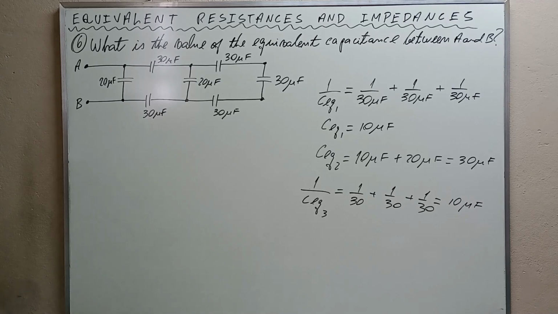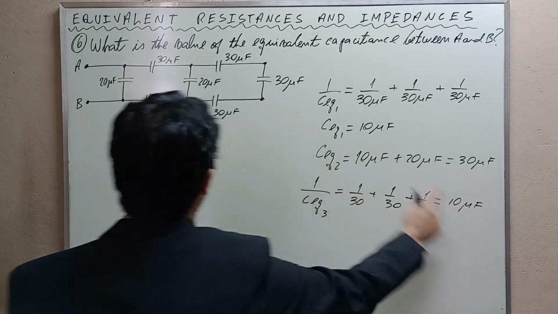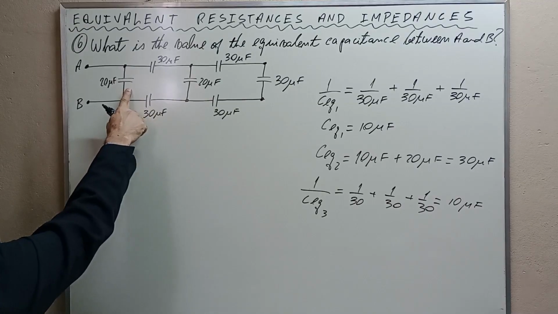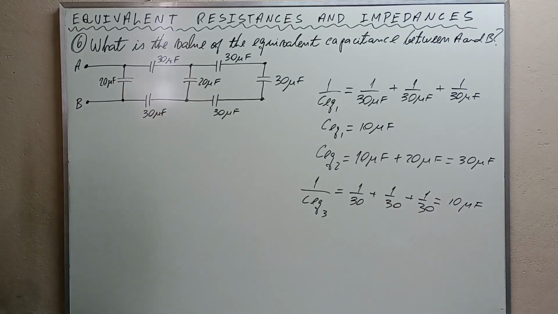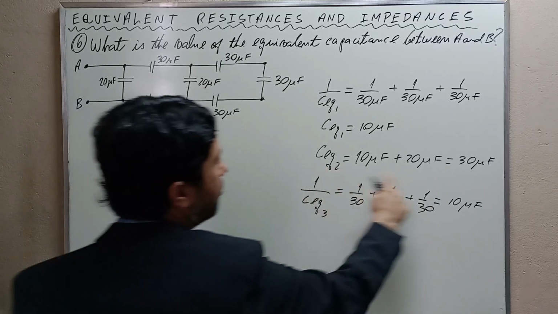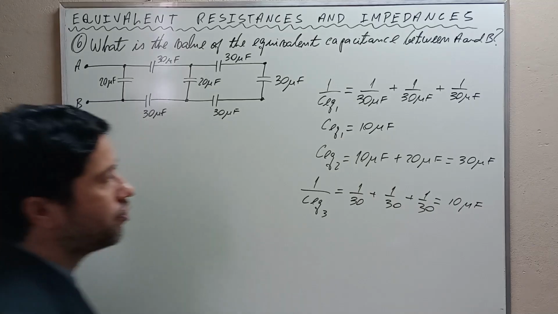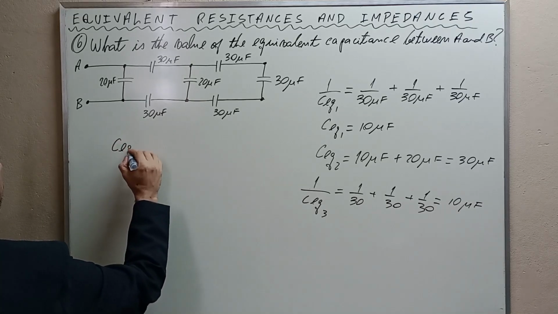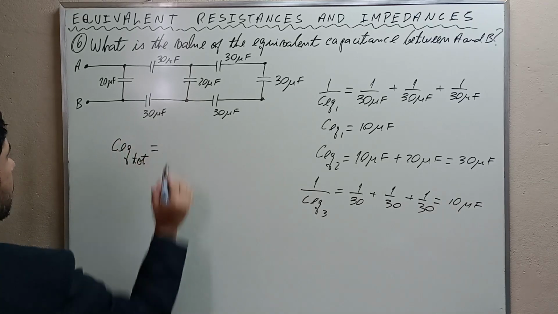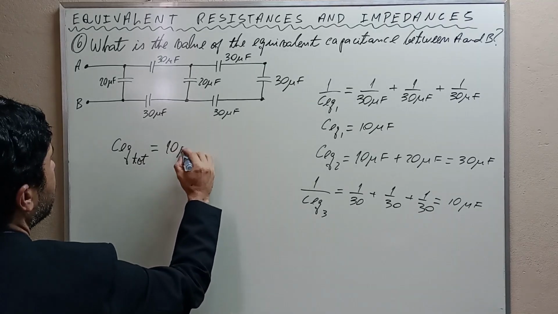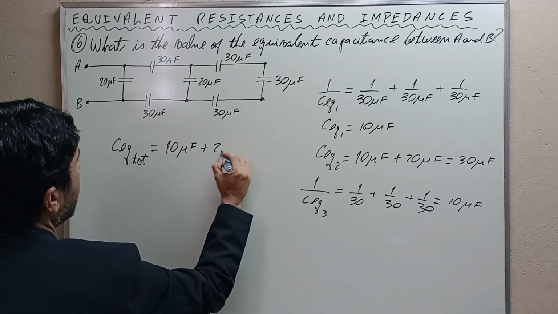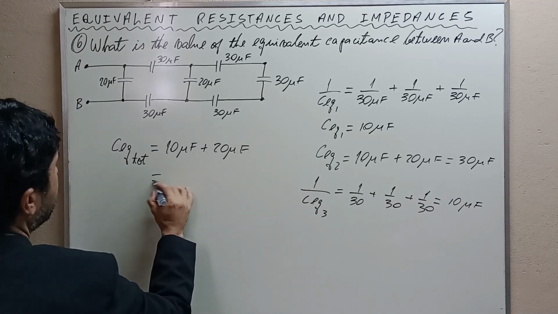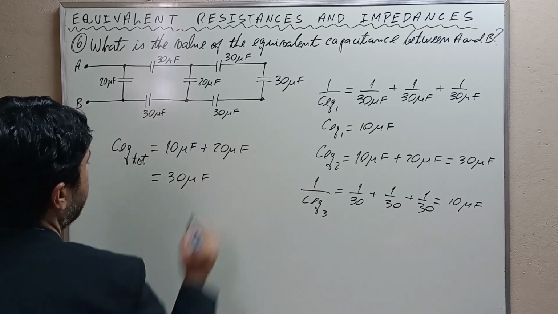And again, this 10 here will be in parallel with this. And how can we compute the parallel combination of 2 capacitances? We do the same as we do for the series combination of resistors, and thus the total equivalent capacitance is 10 microfarad plus 20 microfarad, and this is equal to 30 microfarad, okay?